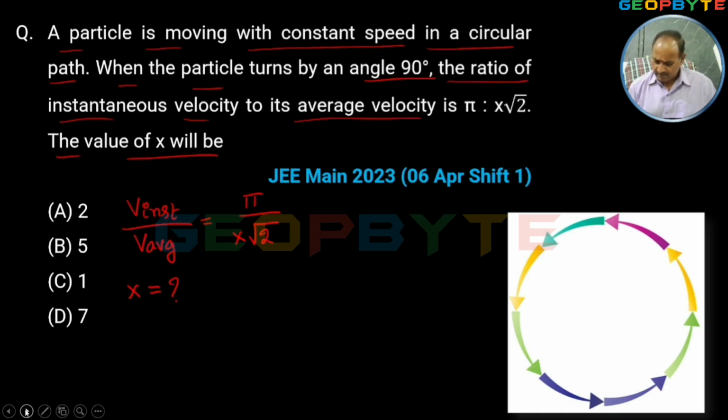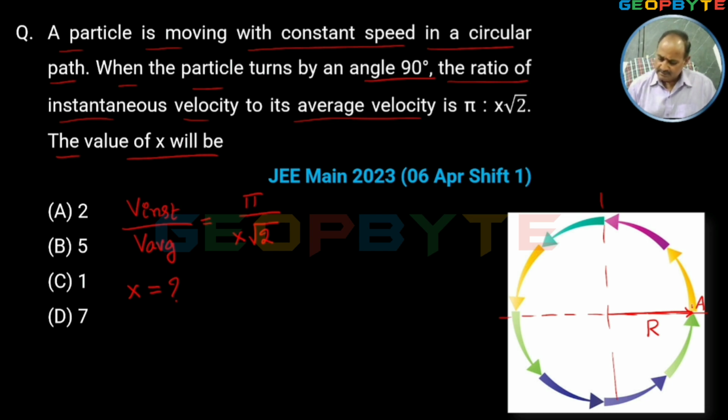Now look at the initial position of the particle. Let A be the initial position of the particle. It is moving in a circular path of radius r. It is turned by 90 degrees.